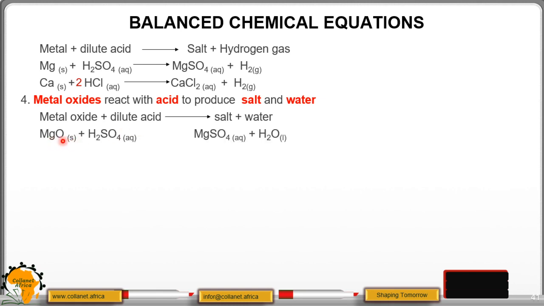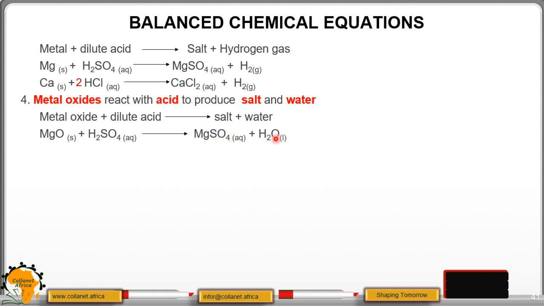Example, magnesium oxide plus sulfuric acid, you get magnesium sulfate. So magnesium has a valency of 2 because it loses 2 electrons to be stable. It is in group 2. Sulfate is a radical, has a valency of 2, so you cancel by 2, 1 by 2, 1 to get this formula of this salt.